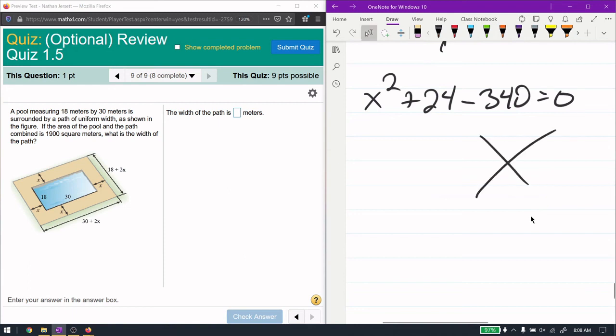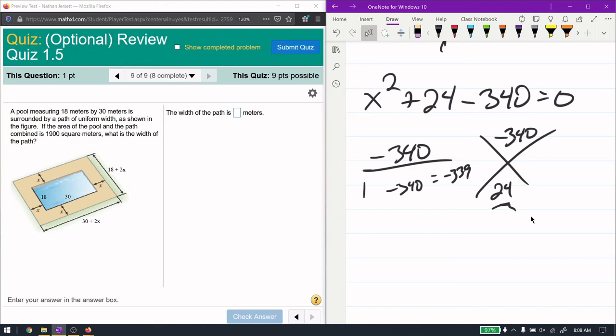So AC method: a times c is negative 340 and b is 24. So let's look at negative 340 and two numbers that multiply to give that. It'll be 1 and negative 340. It's way too high, of course. It's going to be negative 339 when added. I want 24 when I add them, not negative 339.